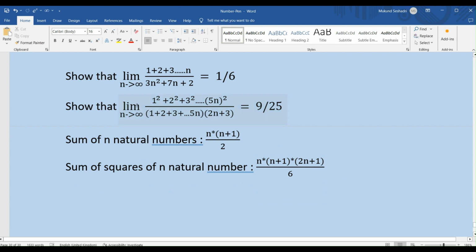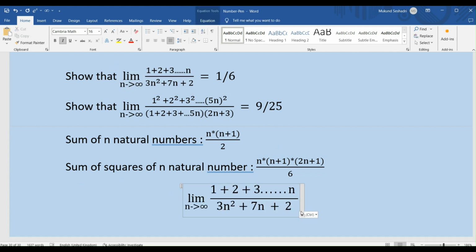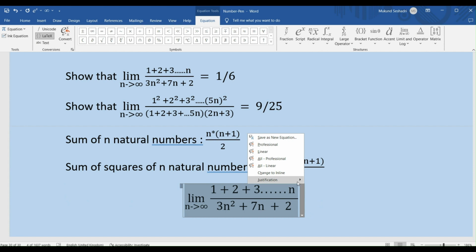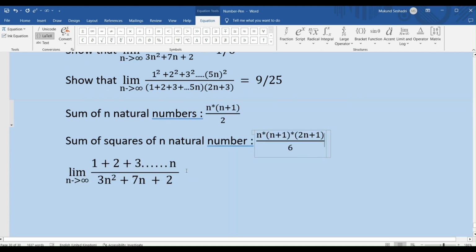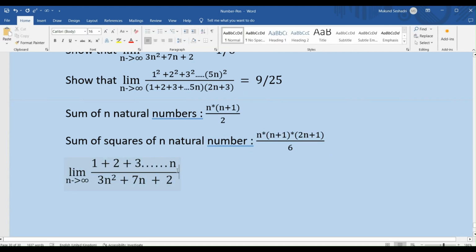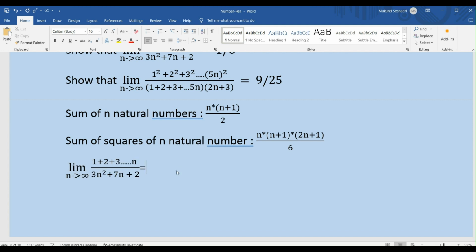So let's move to the first problem, which let me copy it here and now paste it out here. So we know that in the numerator of this particular problem, we have the sum of n natural numbers, and we know that the sum of n natural numbers can be written as n into n plus 1 divided by 2. And what is that?